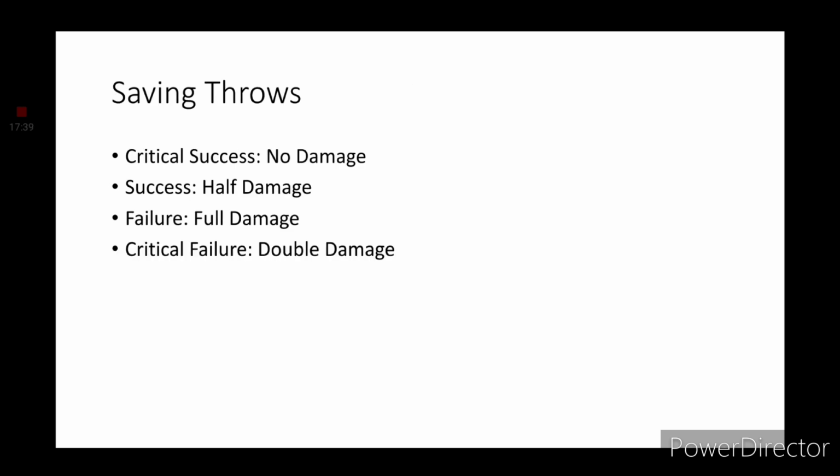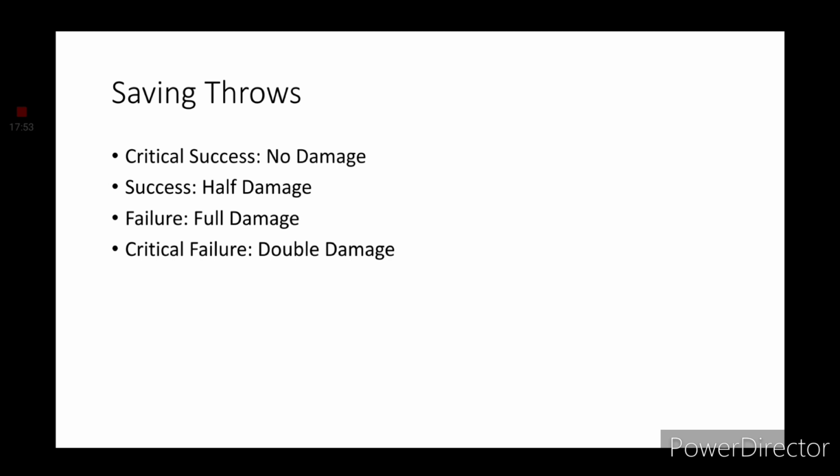Furthermore, you have your long durations and your dismiss action. And then finally, you have your saving throws. If you get a critical success on your saving throw, you take no damage from the effect.